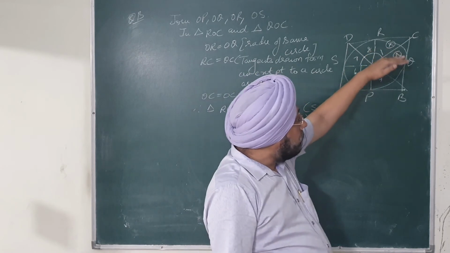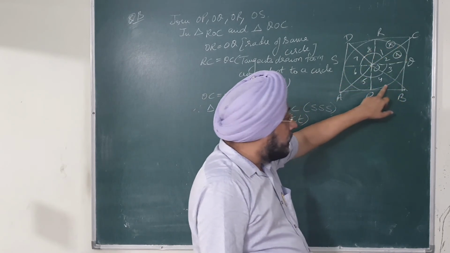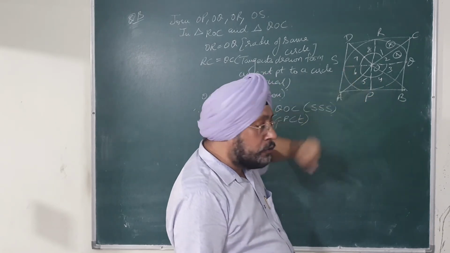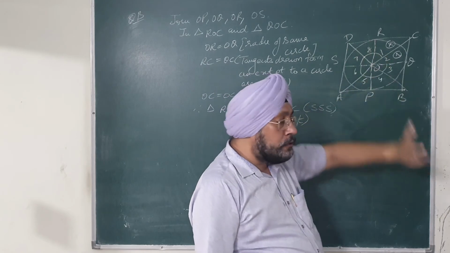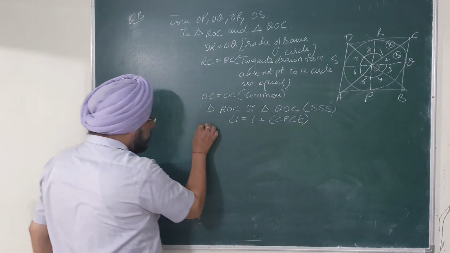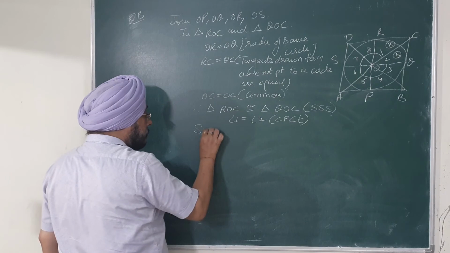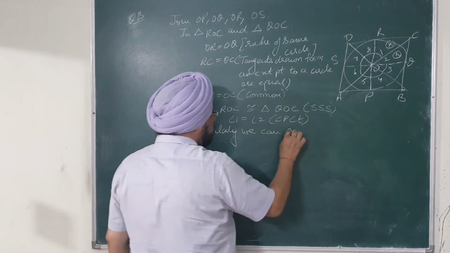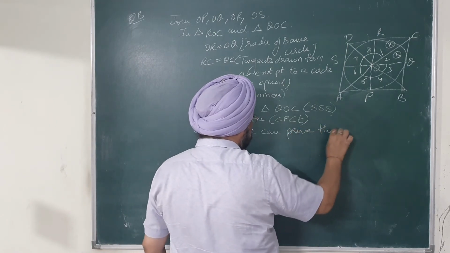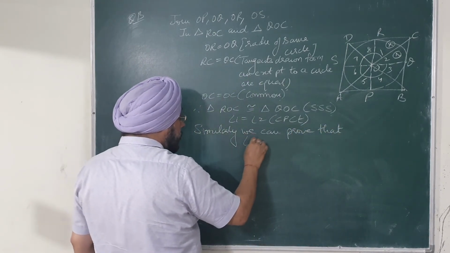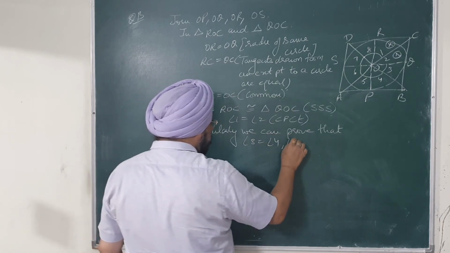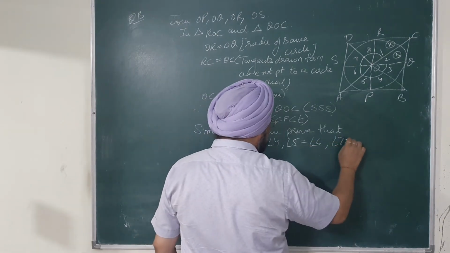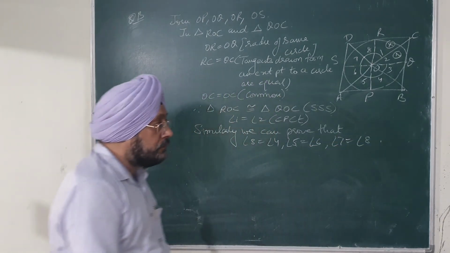Now if angle 1 = angle 2, if I take these two triangles, we must get angle 3 = angle 4. Similarly, angle 5 must be equal to angle 6 and angle 7 is equal to angle 8. So similarly, we can prove that angle 3 = angle 4, angle 5 = angle 6 and angle 7 = angle 8.